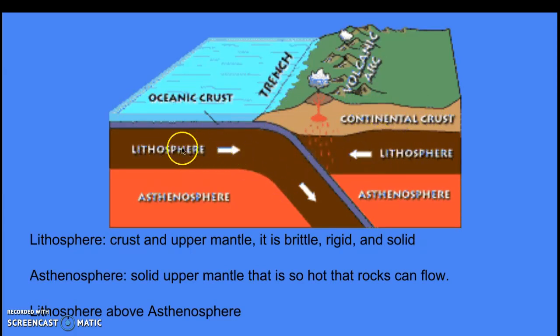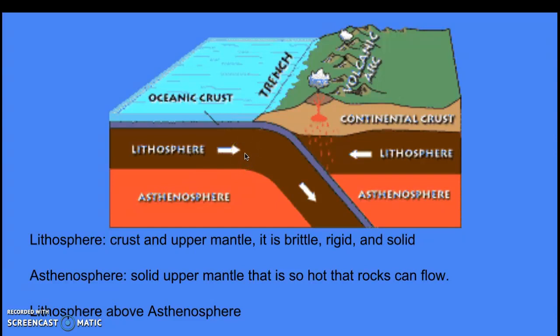Here, the lithosphere is solid, rigid, but brittle, so it can easily break, which is why the continents can move on them. Just to point out, this is a subduction-like flow. We will be talking about that in class.